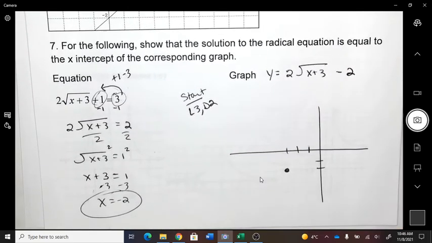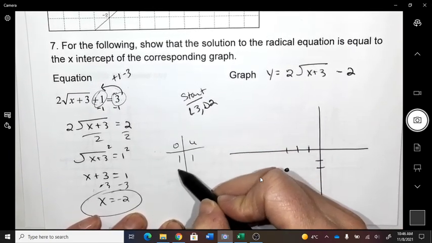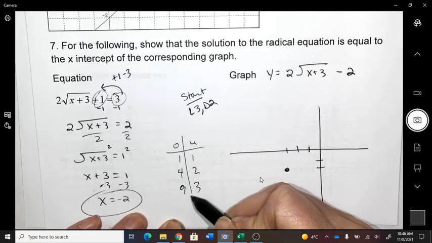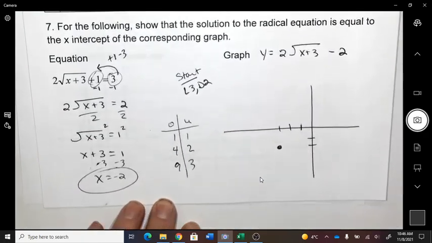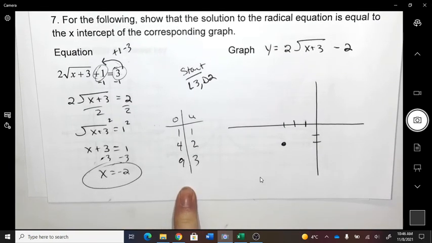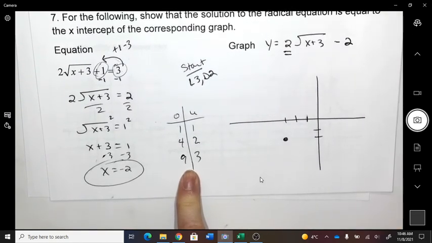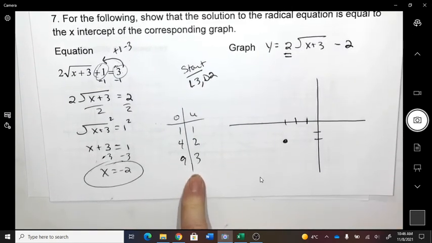Okay, so there's my starting coordinate. And I'm going to move over and up. So 1, 1, 4, 2, 9, 3 is not how I'm going to move. What am I going to move? What do I have to do? I have an A value of 2. So what do I want to do with that A number?